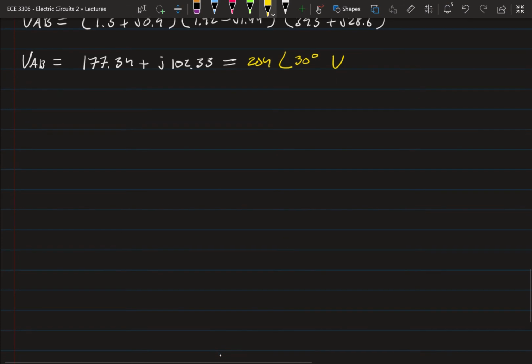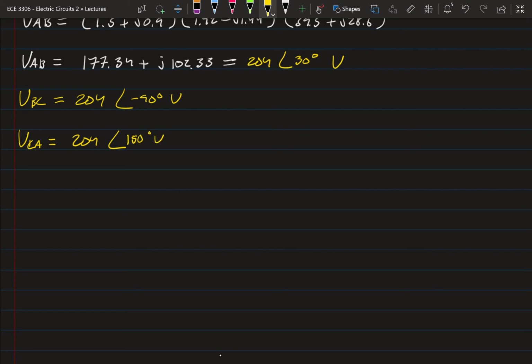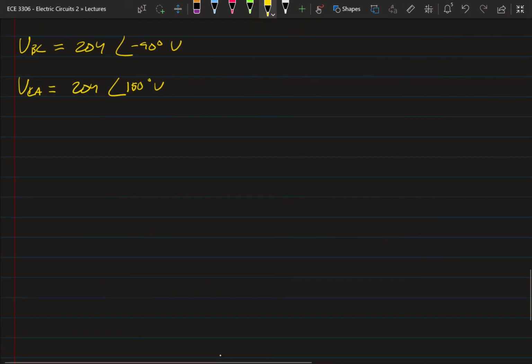So that means that our VBC is just going to be 204 at an angle of 30 degrees minus 120 degrees, which gets us minus 90 degrees. And our VCA is equal to 204 at 30 degrees plus 120 degrees, which gets us 150 degrees volts. And there we go. There's our phase voltages, the voltages on each of the loads.